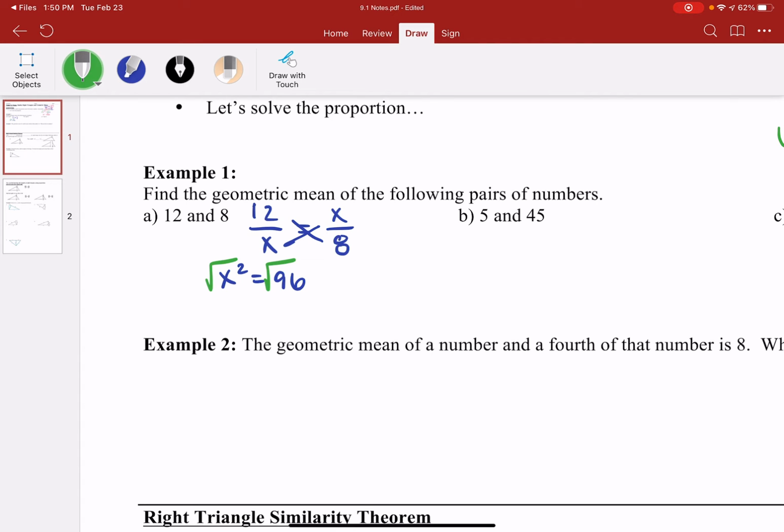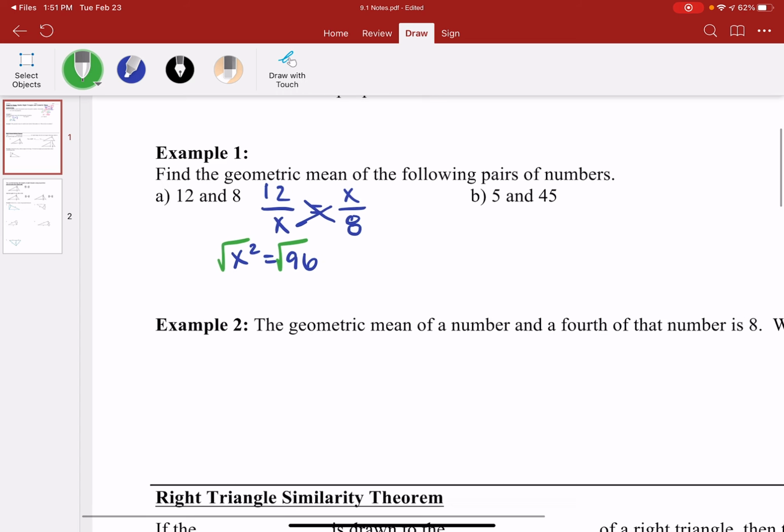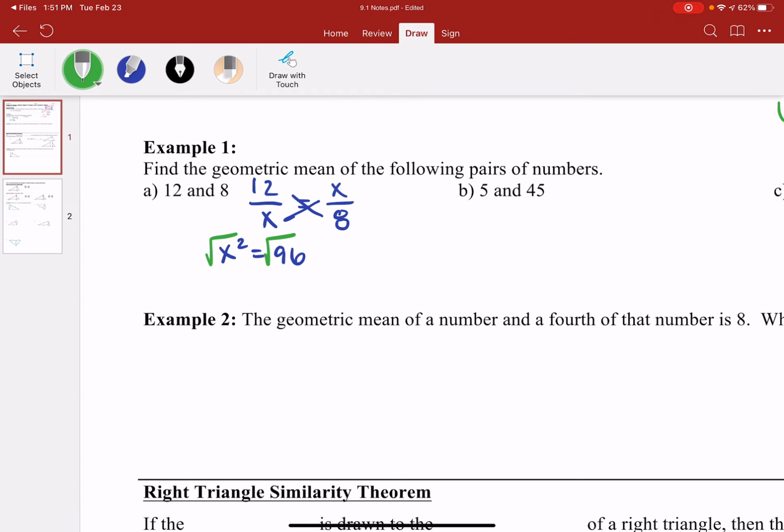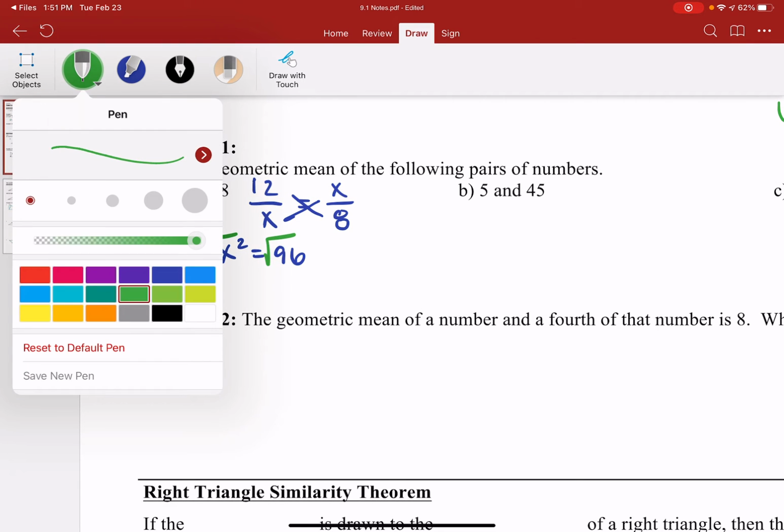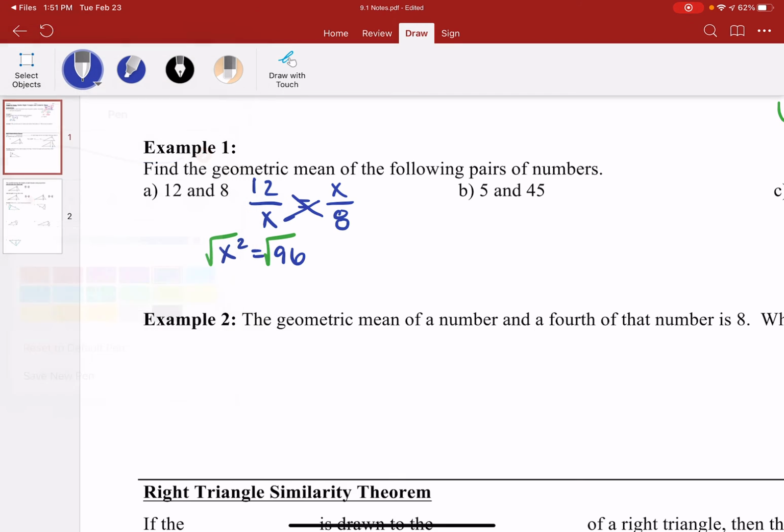You can always use your calculator to see, okay, does 4 go into 96? Does 16 go into 96? Does 25 go into 96? Does 36 go into 96? And you always want to pick the biggest one. So the biggest perfect square that goes into 96 is actually 16.